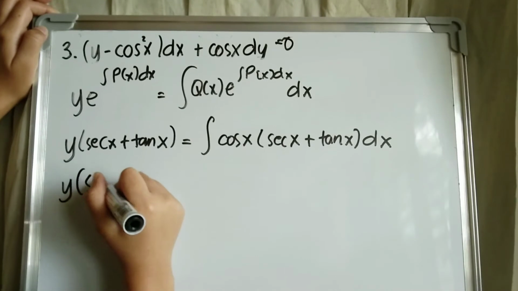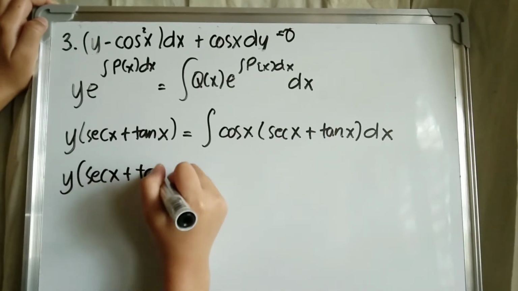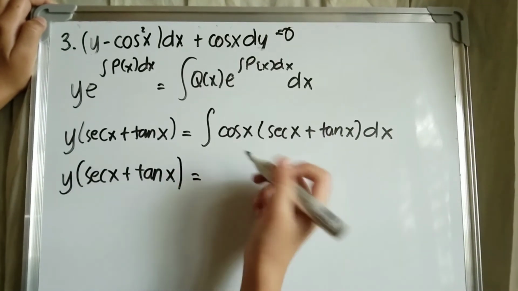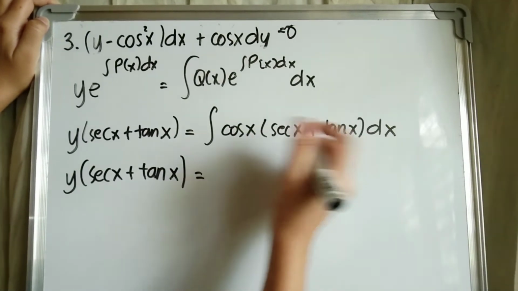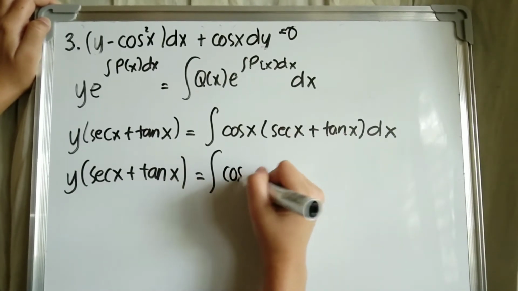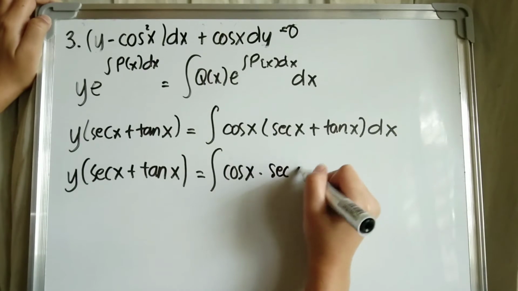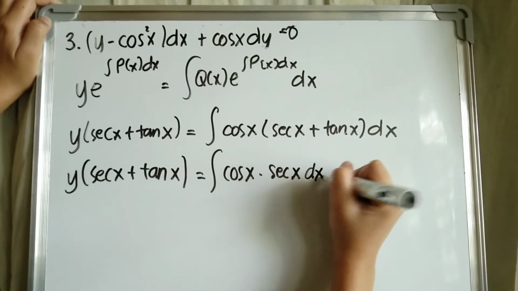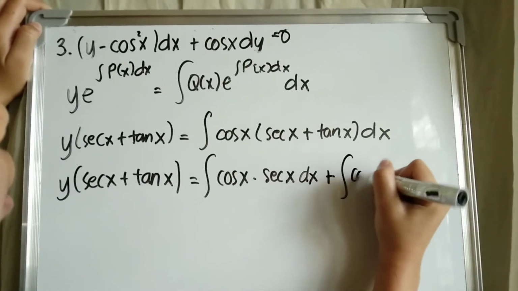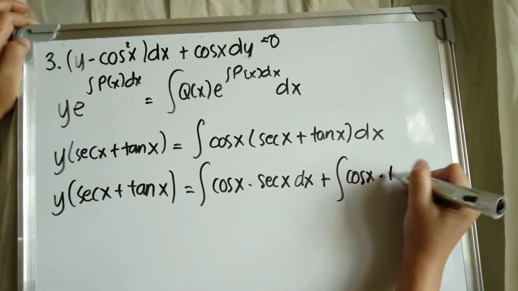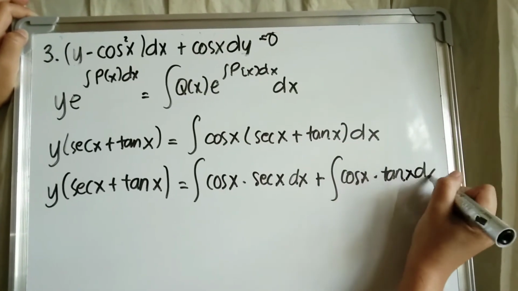Copy y times sec x plus tan x, and then distribute cos x to our inner term. This will become the integral of cos x times sec x dx plus the integral of cos x times tan x dx.